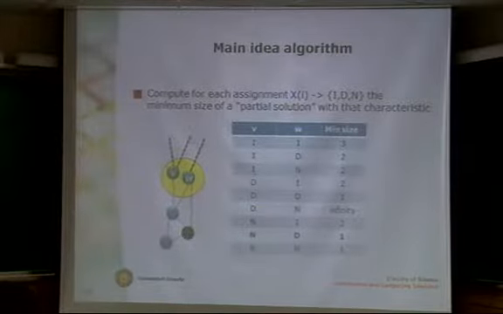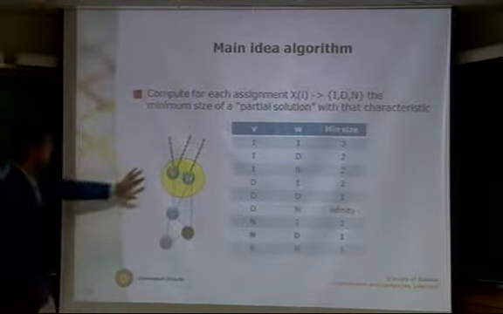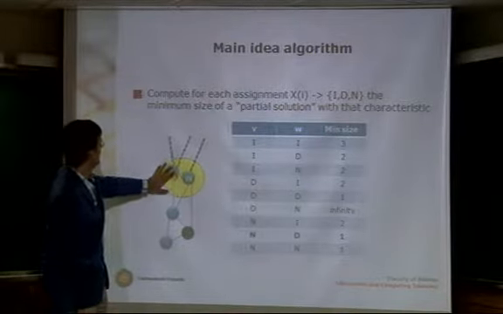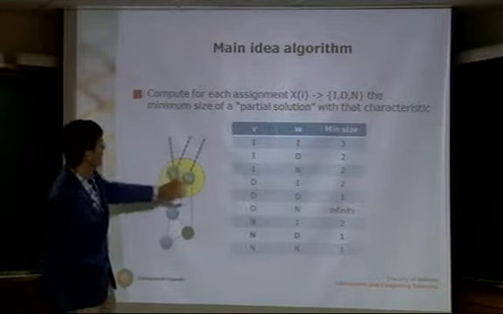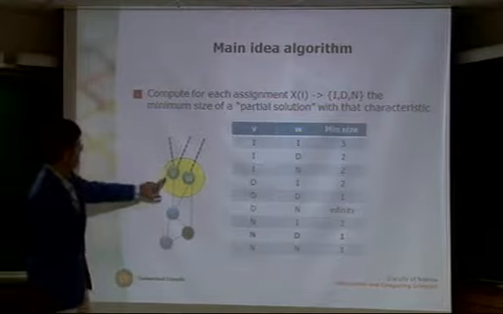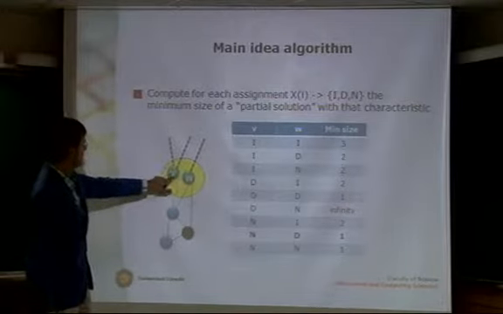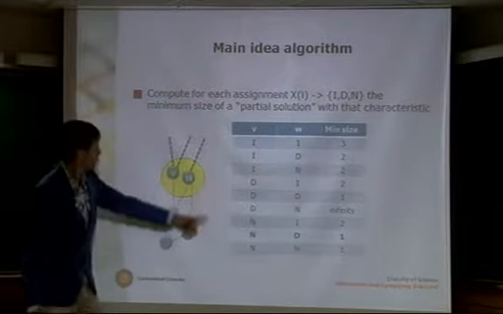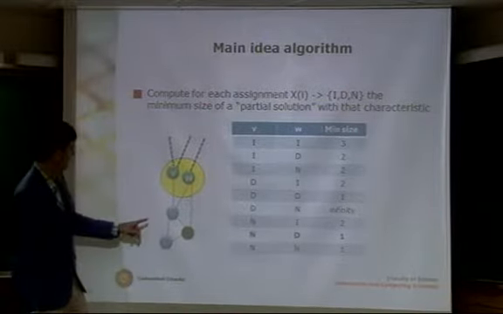The main idea is that for every way of assigning a partial solution, I want the minimum size of a partial solution with that characteristic. So for instance, if both V and W are in the dominating set, the minimum partial solution with this characteristic has size 3.